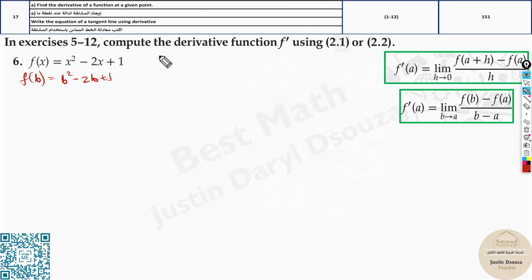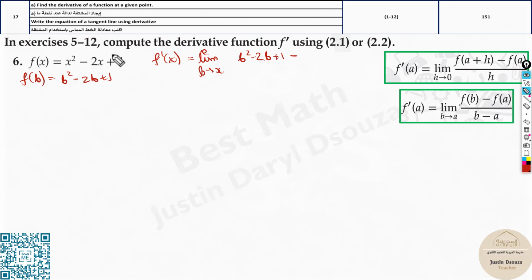And directly I'll write it in the formula: f dash of x, that's f prime of x or the derivative, would be the limit as b tends to x. We have first f of b here, b squared minus 2b plus 1, minus f of x.